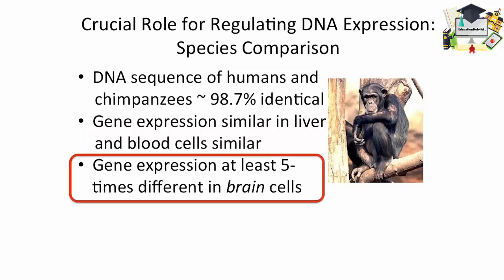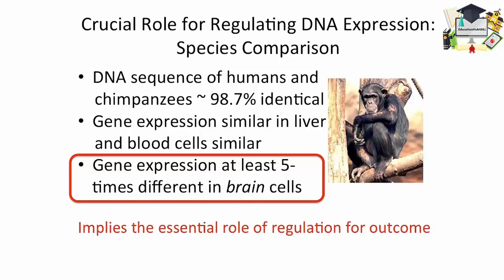But if you look at what is expressed in the brain, at least a subset of the genes that are expressed have a 5-fold difference in brain cells when comparing human and chimpanzee expression, suggesting that there are, in fact, essential roles that regulation can play to get higher or lower amounts of specific proteins, and that those differences can account for differences in organisms or behavior.